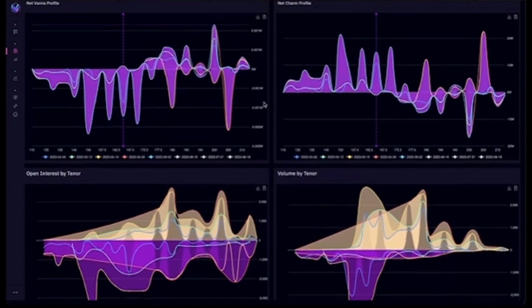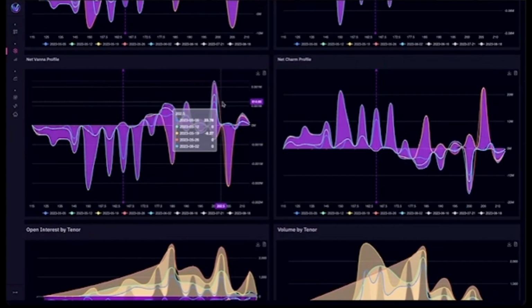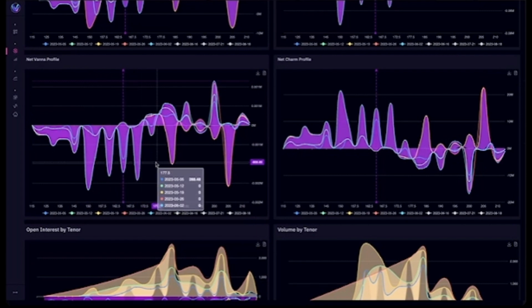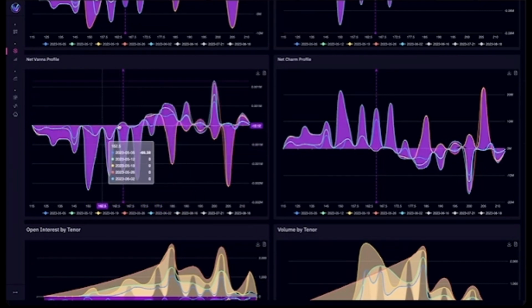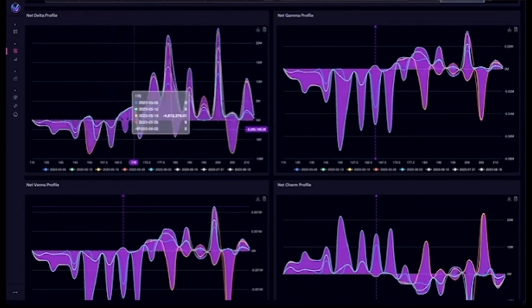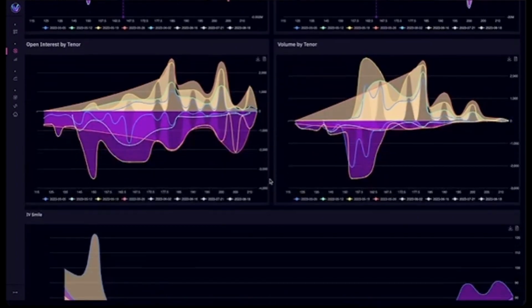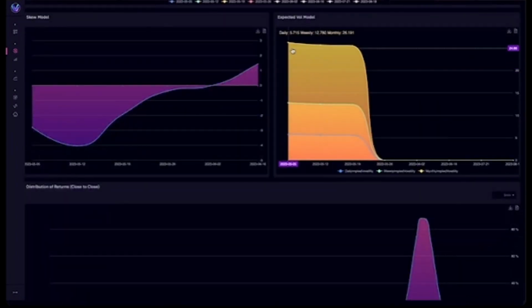Now, this net negative Vanna profile would be supportive when you've just got puts over here, if you start to get a decrease in vol, right? Now, you can combine the expected vol model, which is what the expected move is based on the current landscape of implied vol.